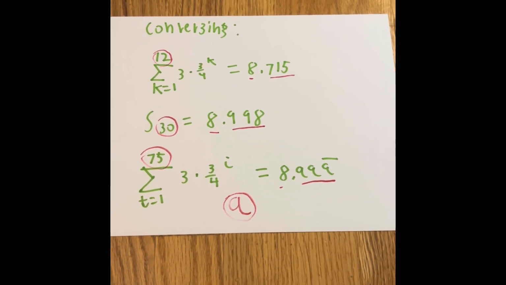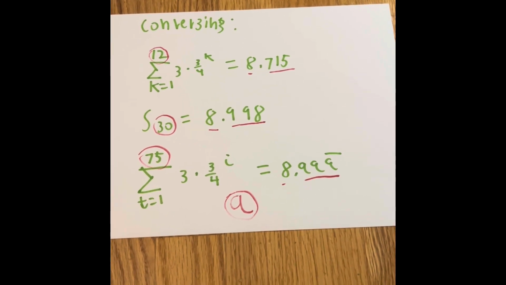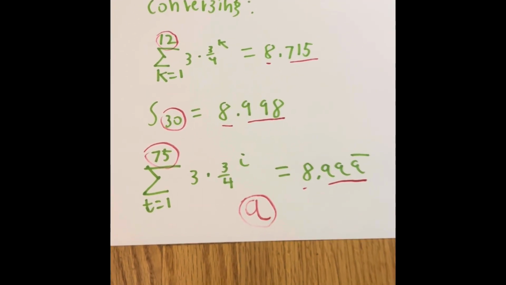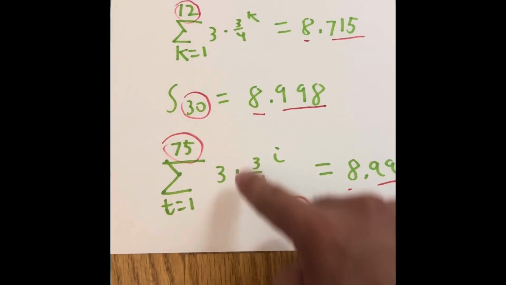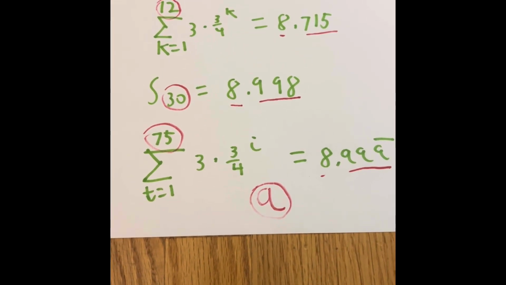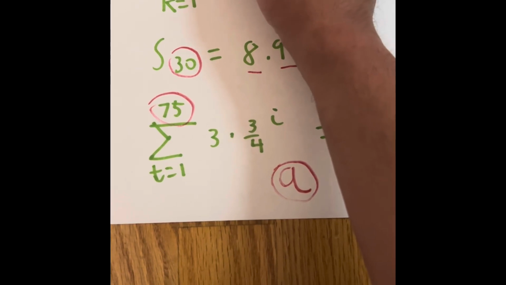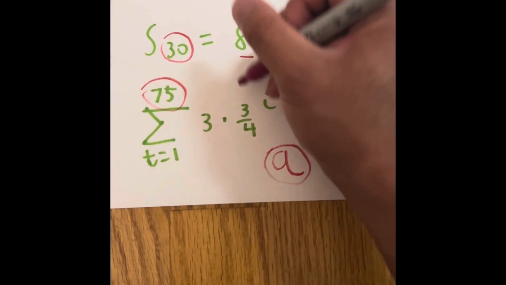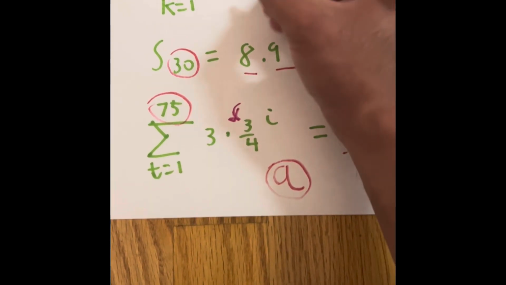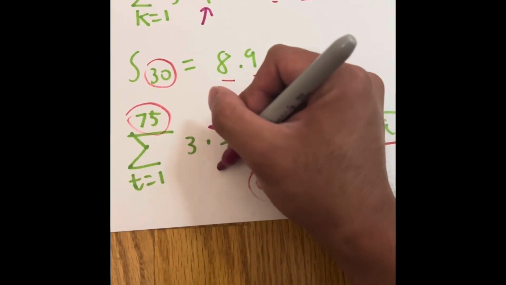And here is another part that's really, really cool. If you take a look at the fractions in the sigma notations, you will notice that the numerator is always going to be smaller than the value of the denominator.